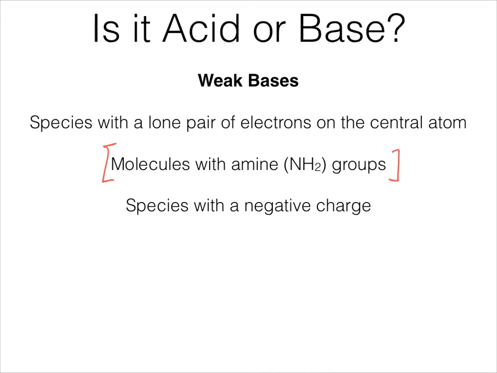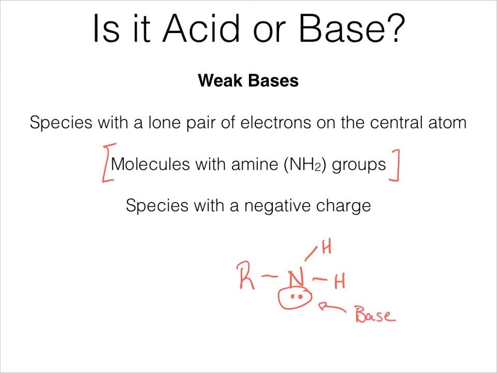And so we can write this as an R. Remember that the R is any set of atoms combined together with a nitrogen connected to a hydrogen, with a lone pair. This lone pair is what makes this act as a base.